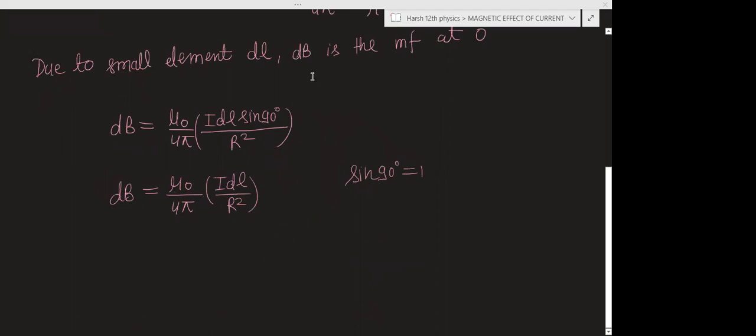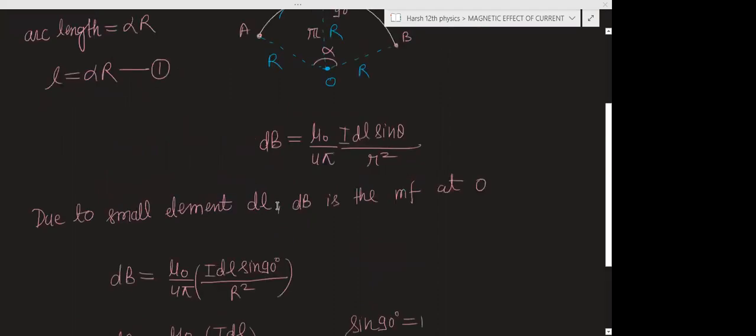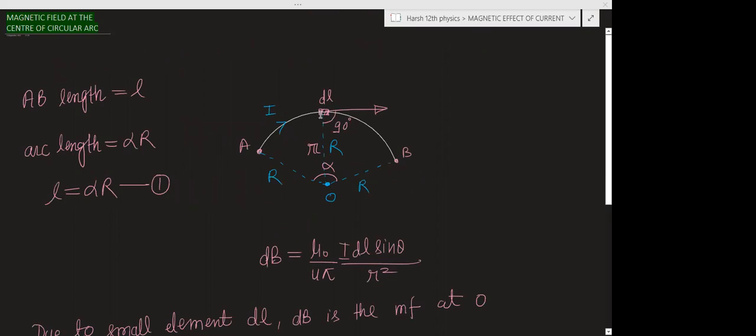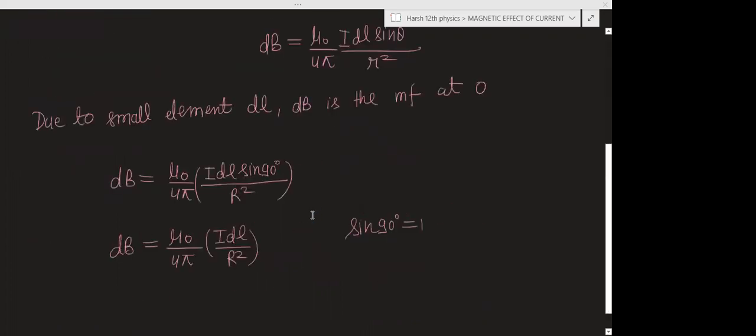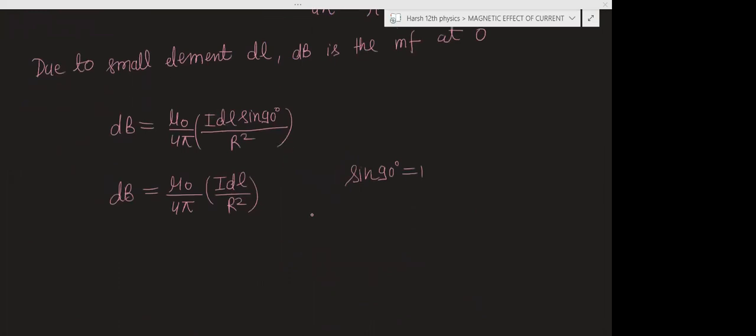What we are doing is taking a small element of this arc, calculating the magnetic field at this point O from that small element, and adding these up. This addition can be done by integration. So, integrating both sides.